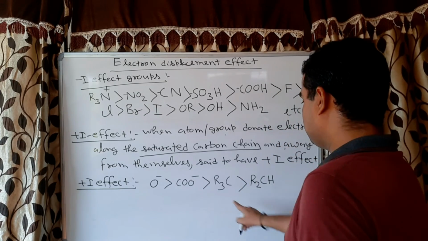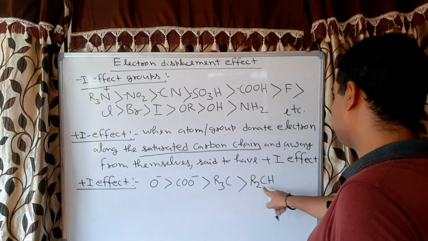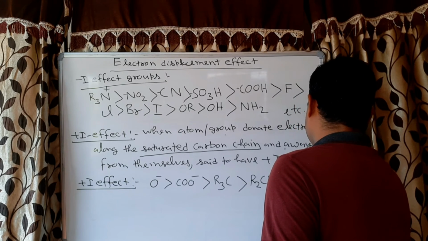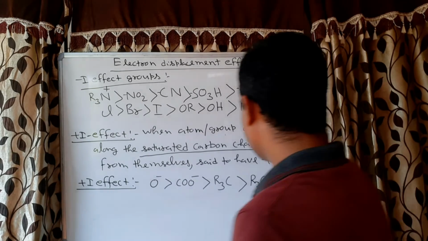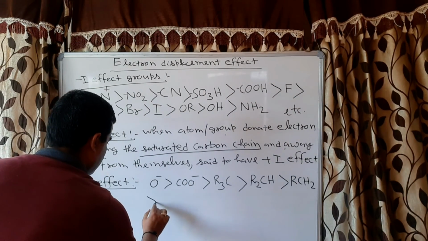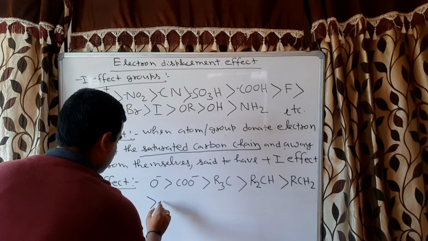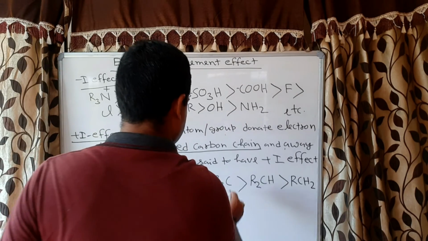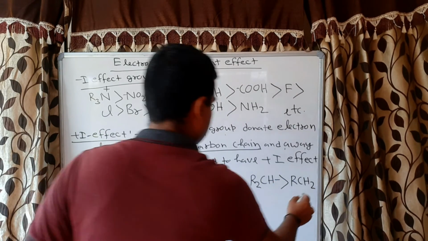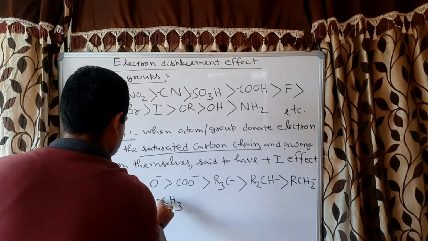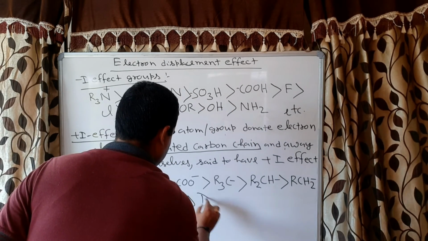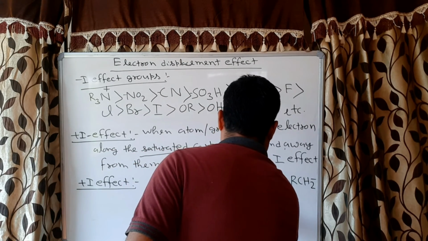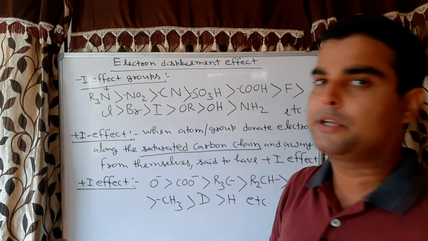R2CH, this is tertiary carbon, this is secondary carbon, and then RCH2, and then CH3, correct? CH3, and then deuterium, and then hydrogen, etc. There are many groups. I have written a few of the groups.